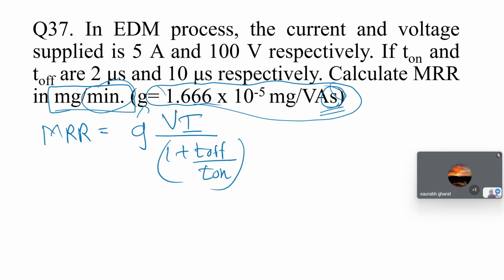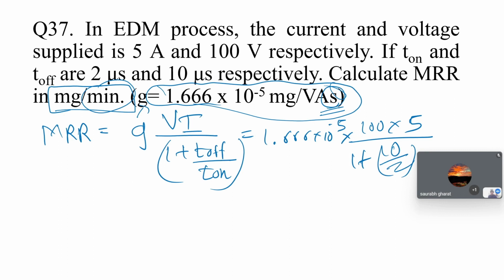Just put these values: G you have and everything you have. So 1.666 into 10 raised to minus 5 into your voltage, which will be 100, into 5, divided by 1 plus T off by T on, which is 10 by 2, so it will be 5. So it will be 6, and 100 by 6.